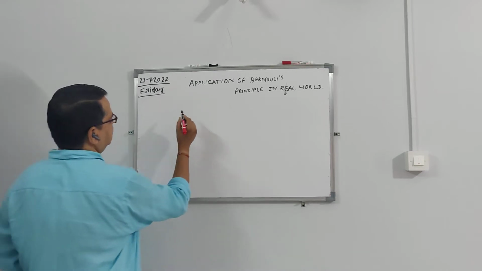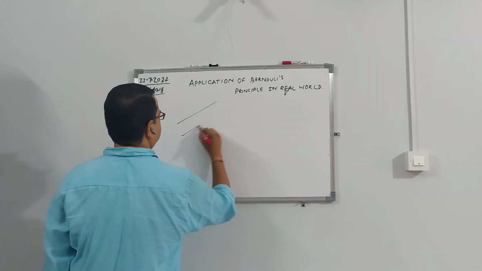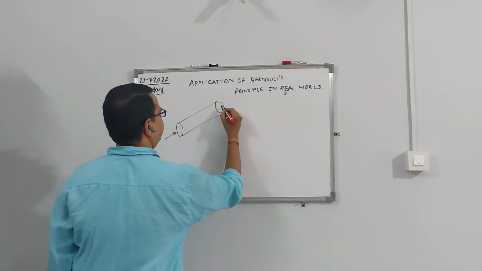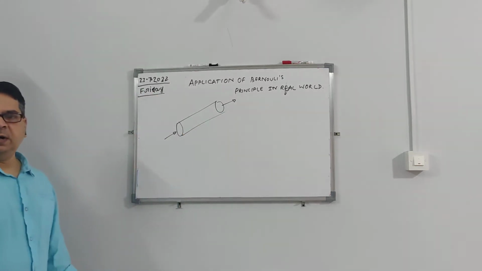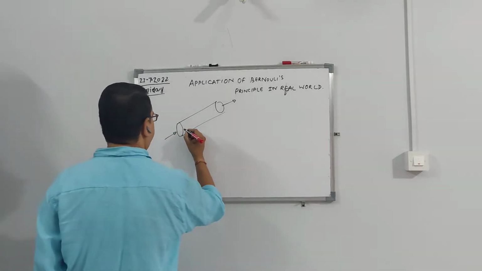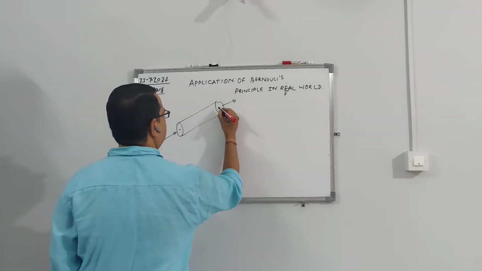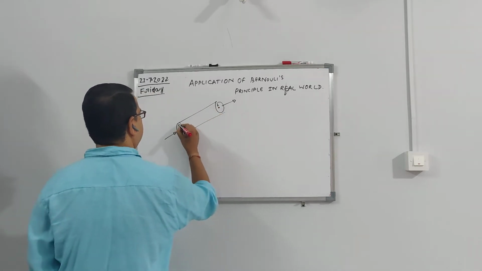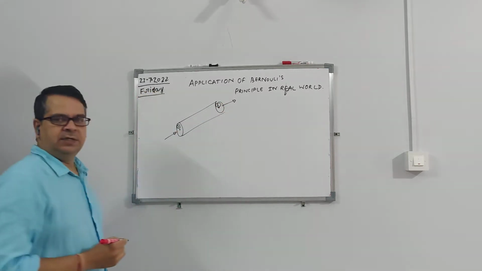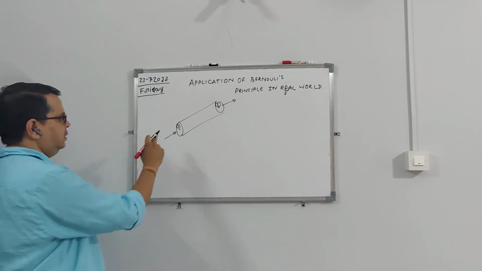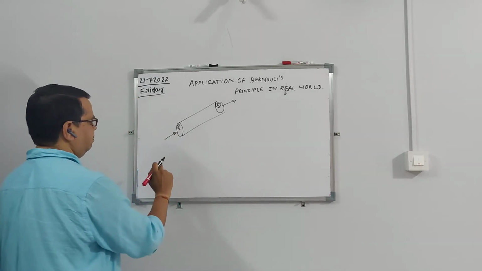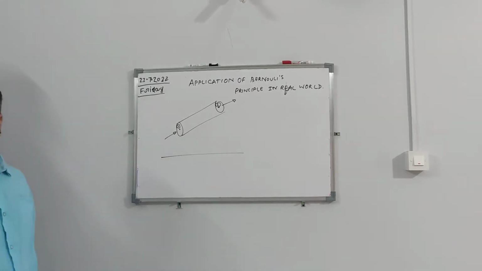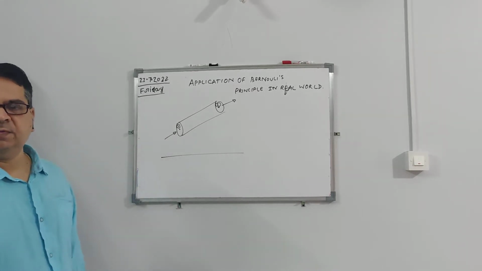Basically, suppose you have a pipe with fluid flowing. You have fluid entering and fluid going out. Let us say this is my point one and this is my point two, with reference to some reference plane.